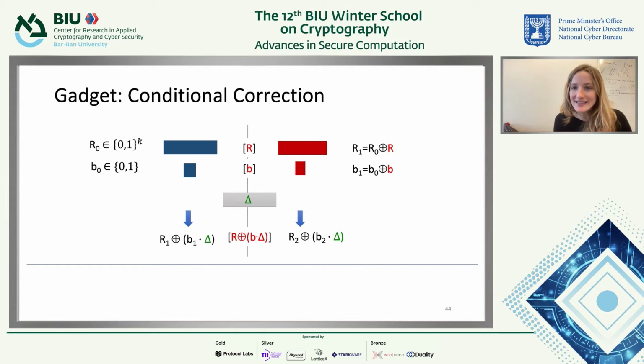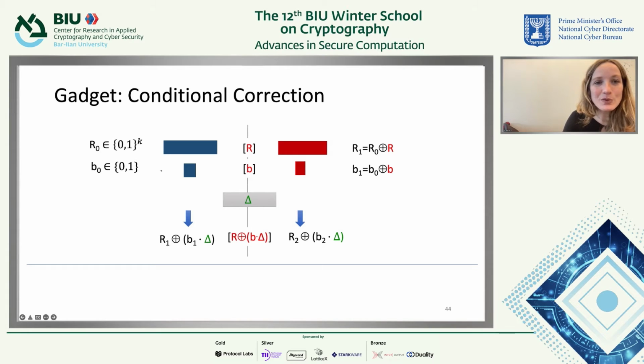The conditional correction operation is going to take these two things and output a new share value. Don't mind the zeros going to ones and the ones going to twos; I'll fix the slides afterward.